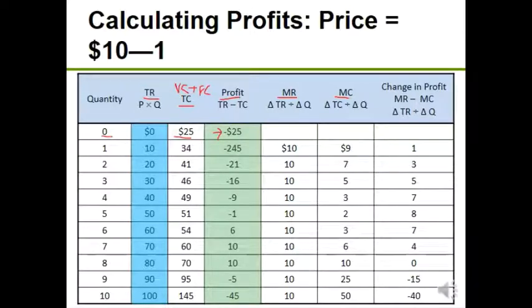In fact, we continue operating at a loss for the first 5 newspapers. We're only earning $10 a newspaper, and our variable costs are going up. So for those first 5 newspapers, we are operating at a loss. Quickly note that there's a typo here, and this should just say minus 24.